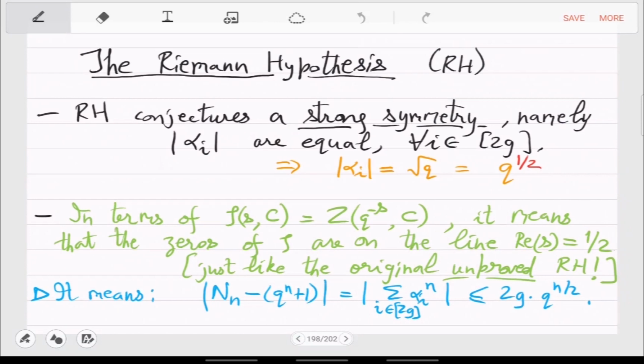We said here that it's less than or equal to 2g times q raised to n by 2. But then it's true for all small n's. Now if we are saying that even if it is true for just a constant fraction of the small n's, it's good enough. Okay, so that's a significant weakening.